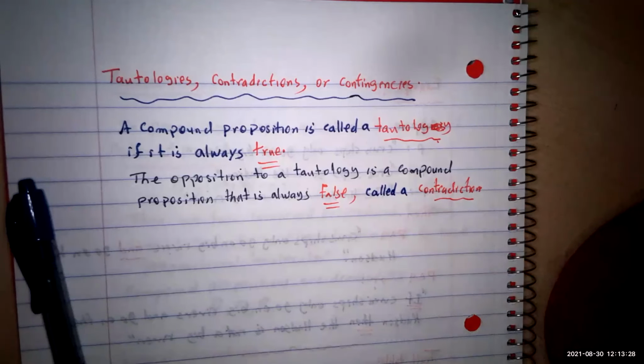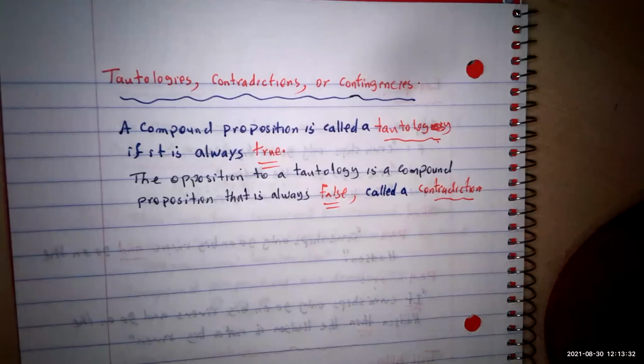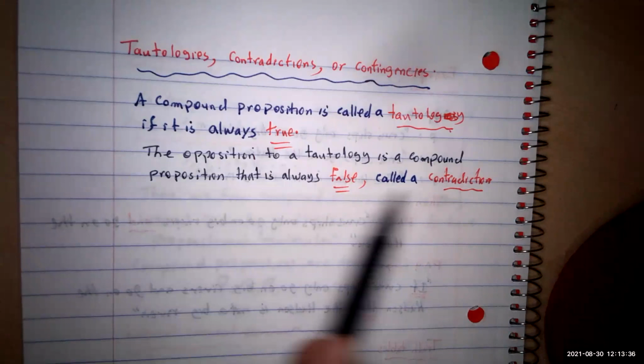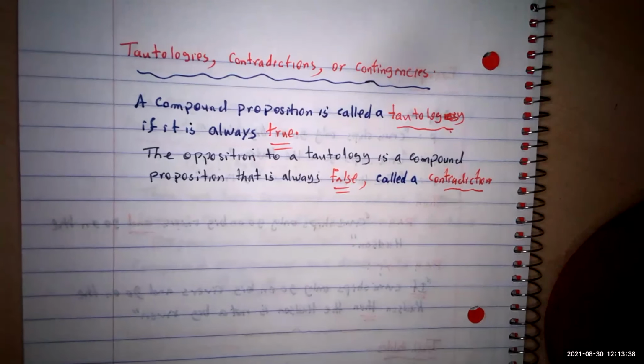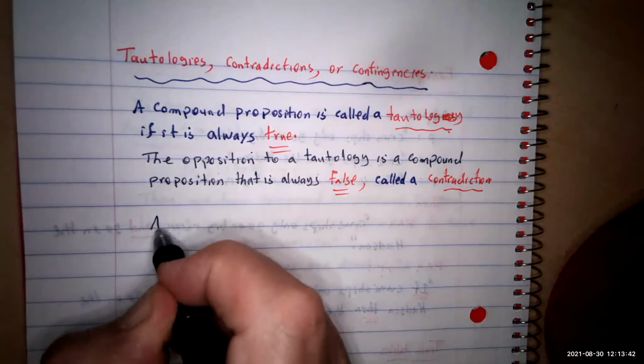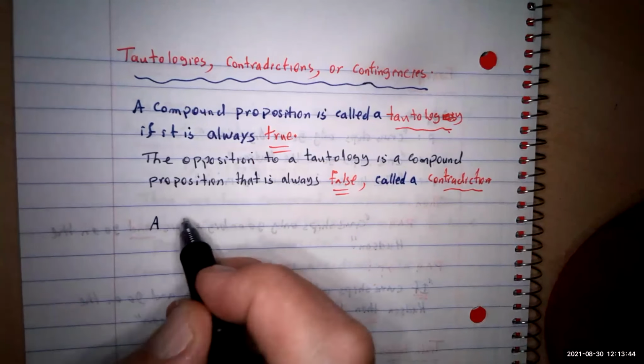And the other one, if it's going to be something in between, sometimes false, sometimes true, like the function that I talked about, the range is 0 and 1. That would be a contingency.